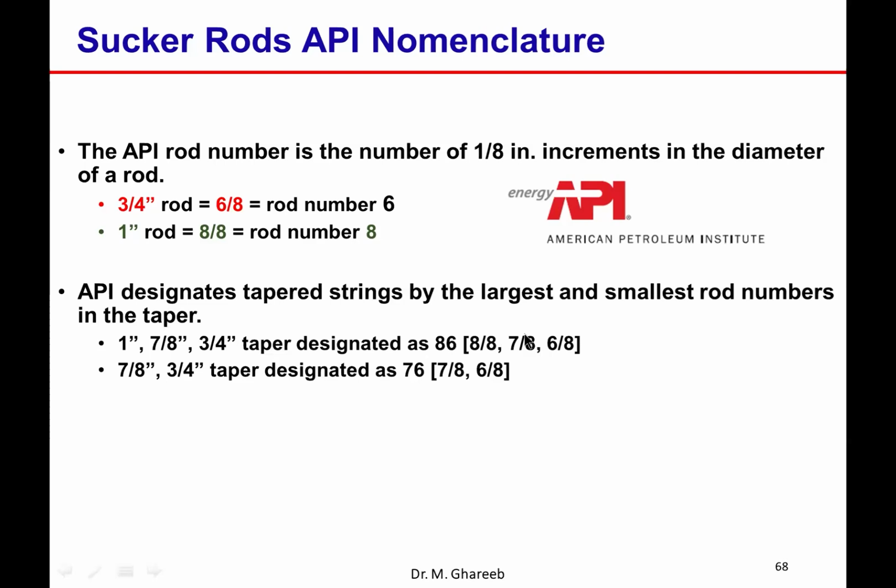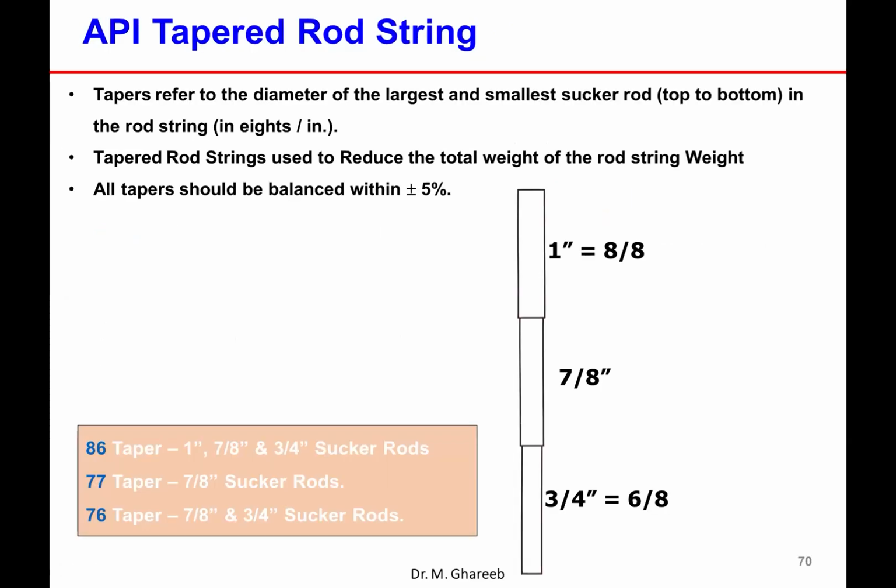In order to define this taper, they use a number. Tapered rod means the rod from top to bottom is not one size. I run a bigger size near the surface, then while going down in the well, I reduce the size, because the top part of the rod is lifting all the rod string below it.